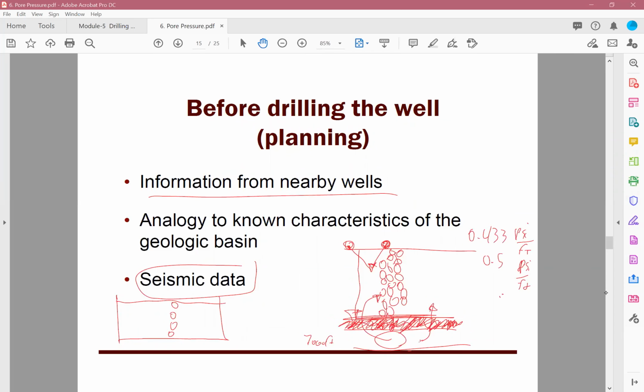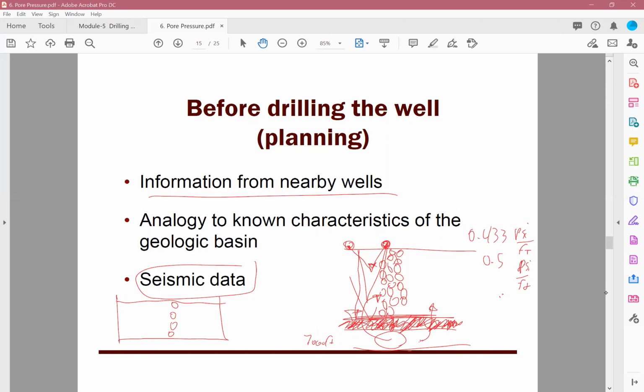Now these devices that send the acoustic wave go to different depths, and based on the different depths that they send these seismic waves, and depending on how much they receive back, they can correlate that wave information to the type of formations that are available underground.